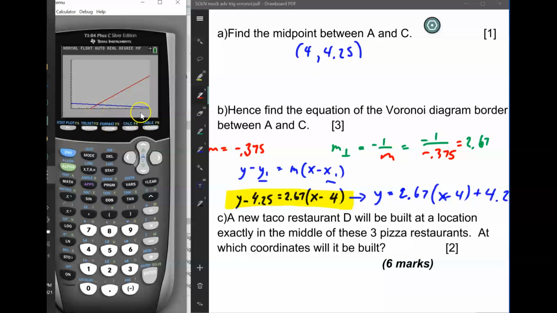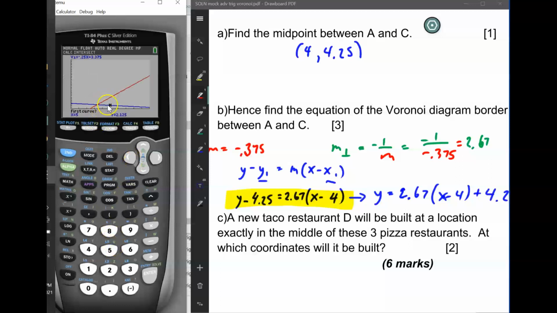It might not look proportional to the original picture, but that's because the y scale is condensed here and the x scale is not. So I know it doesn't look right. We do second calc and then intersect, which is option 5. It's going to ask, do you want the first curve to be blue? Do you want the second curve to be the red one?